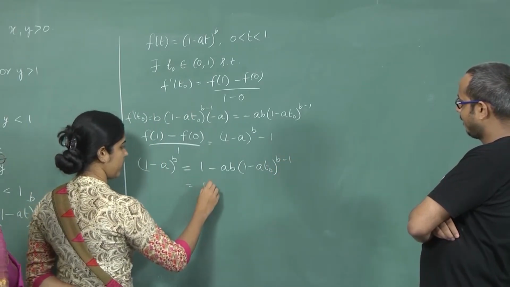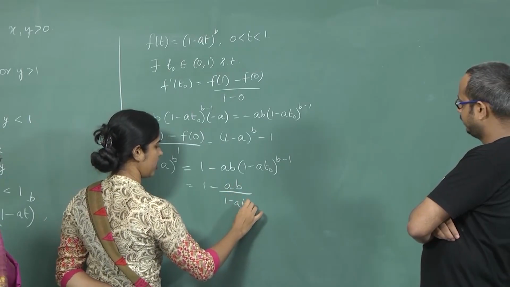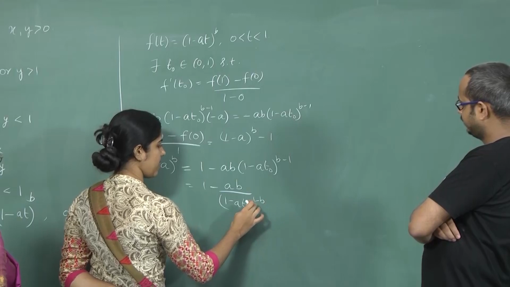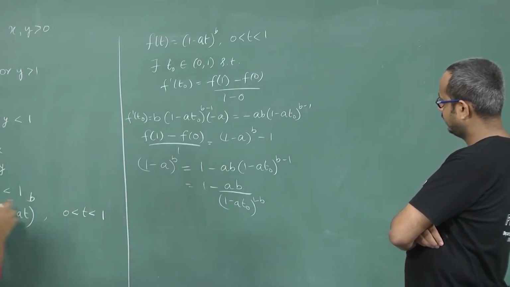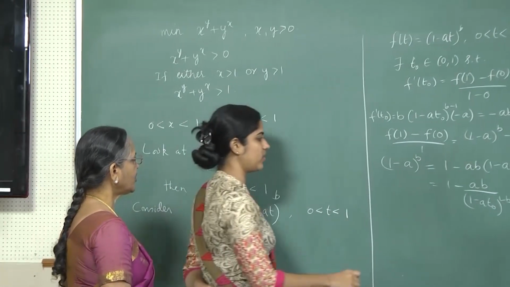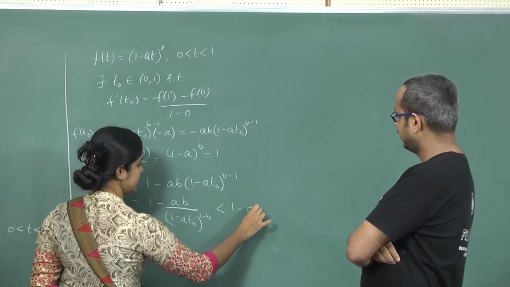So this is nothing but 1 minus ab by 1 minus a t naught power 1 minus b. Again, 1 minus b is positive because a and b are between 0 and 1, so this is strictly less than 1 minus ab.